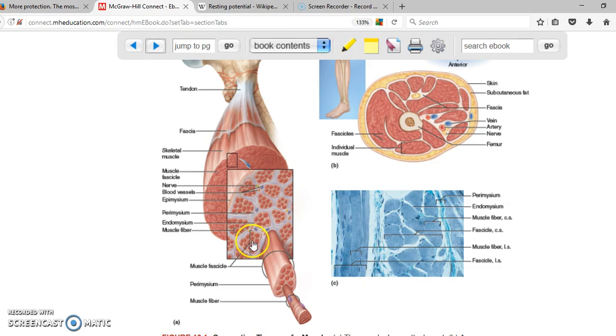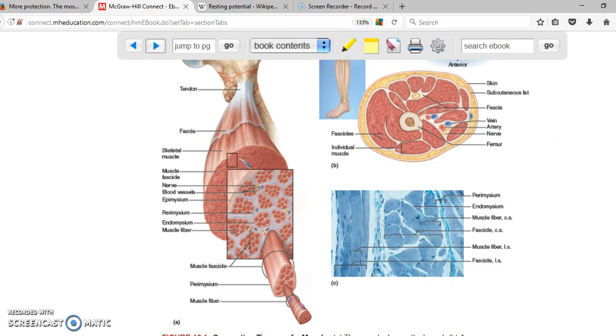Then you have fascicle, fascicle, fascicle. A group of fascicles is going to be surrounded by the epimysium around here, and the epimysium is going to be surrounded by fascia. Fascia basically separates this muscle from another muscle. We're going to see this in a little more detail later on.